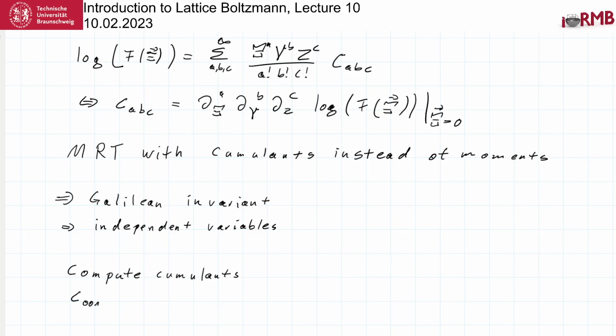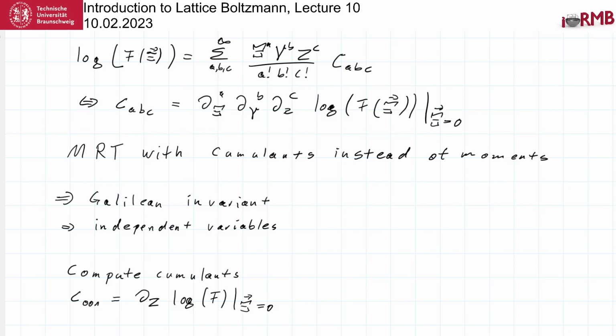We want to compute C001, for example, and this is the derivative in terms of zeta of the logarithm of f for xi equal to 0. Okay, so there is this ugly logarithm. But what we can do is we can apply the chain rule here, right?